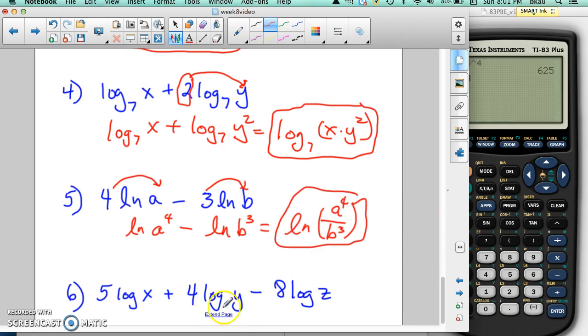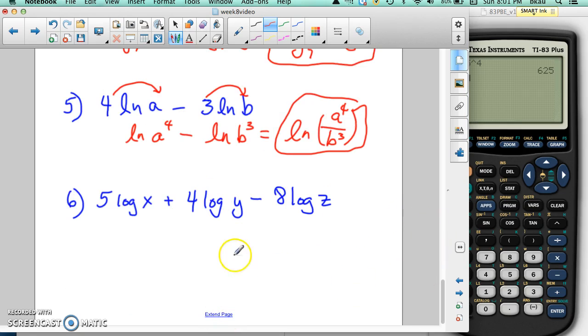All right, and my final example here does both. It has a sum and a difference, so it's going to be multiplied and divided, but they all have exponents because we have numbers in front. So the first step here is to move those powers up onto the bases.